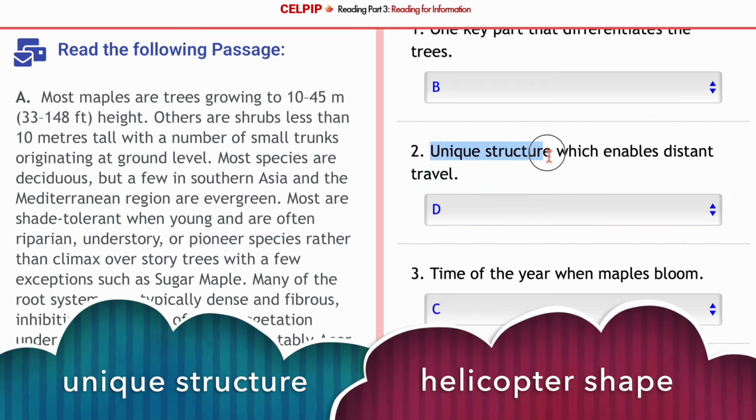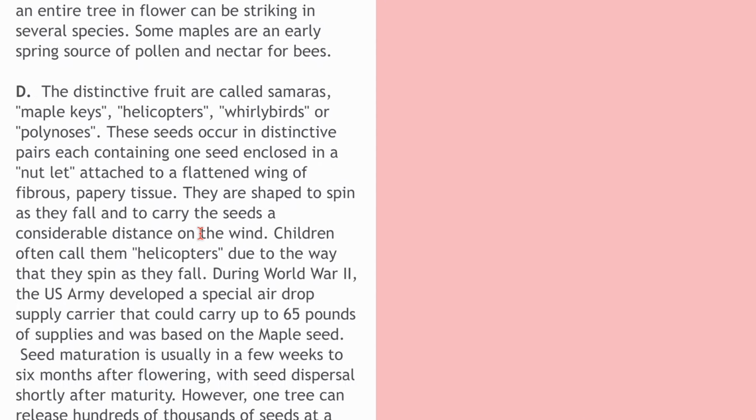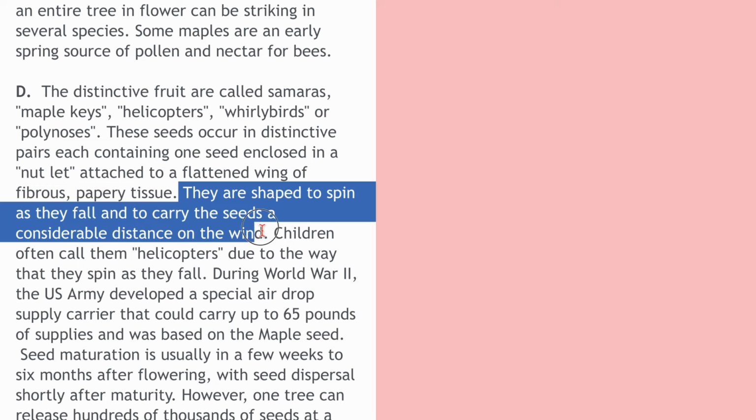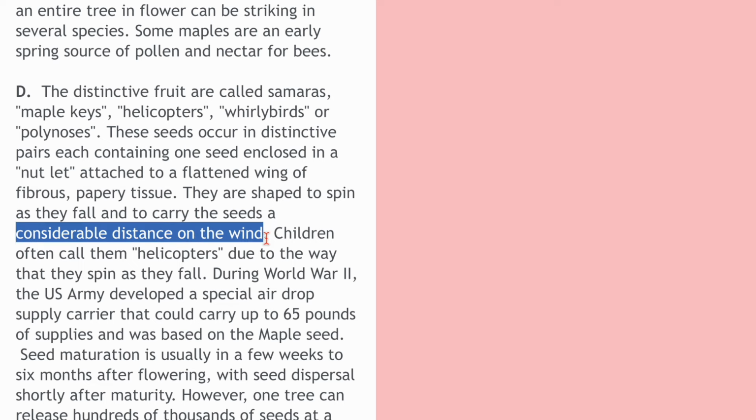Something about the structure, the helicopter shape. It said that over here. It says here they are shaped to spin as they fall and to carry the seeds a considerable distance on the wind. Okay, you see, we got it. All right.